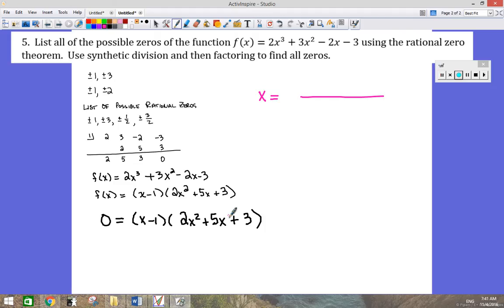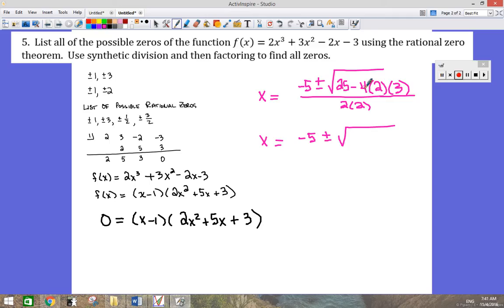So it does. Let's identify the opposite of b, plus or minus the square root of b squared minus 4 times a times c, all divided by 2a. So I've got negative 5 plus or minus the square root of... 4 times 2 is 8, times 3 is 24.